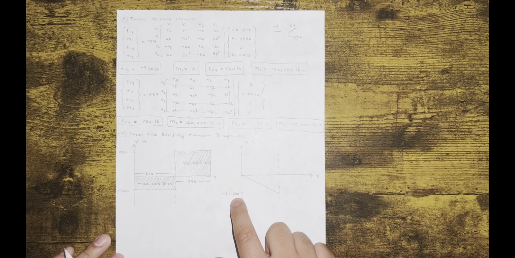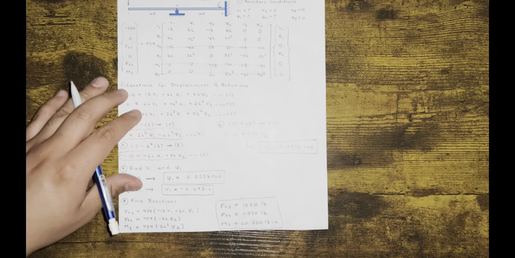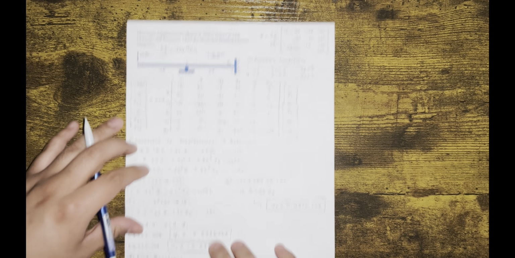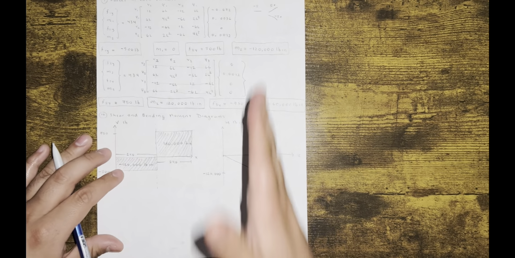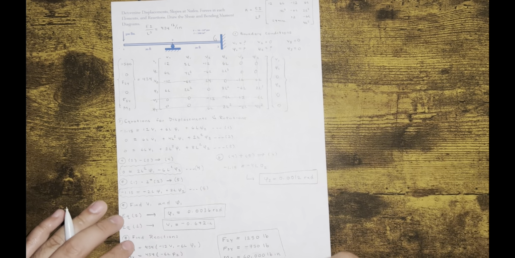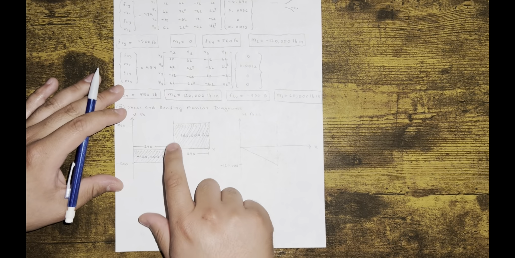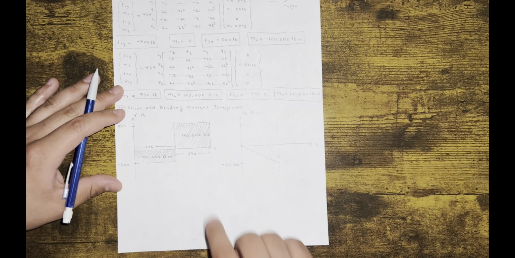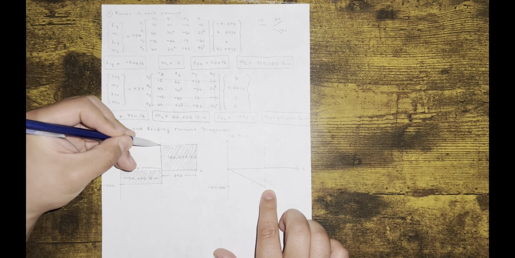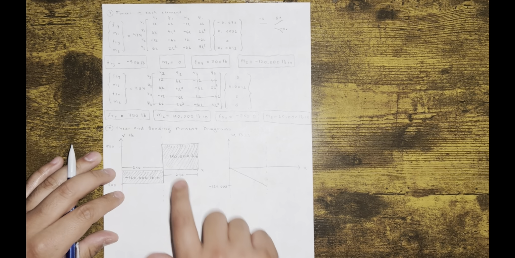Then what happens at this location is, check it out. Moment is 0, right? So nothing happens, nothing is pushing up. If there was a moment here, then something would have pushed it up or down. But since it's 0, nothing happens. But what happens at the shear diagram? You have 180,000 going up. So now it changes direction, right? Because at the halfway point throughout the beam, which is here, now you have 180,000 going up.